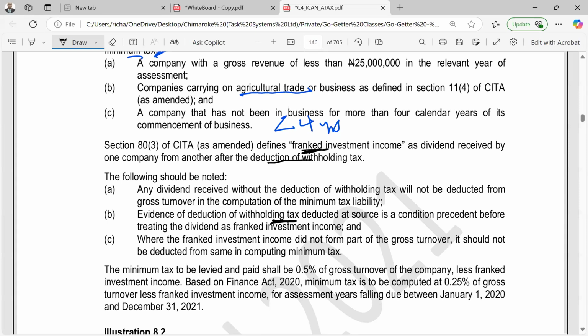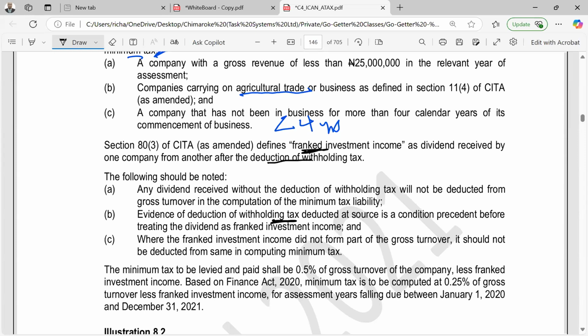Where the frank investment income will not form part of the gross turnover, it should not be deducted from same in minimum tax.